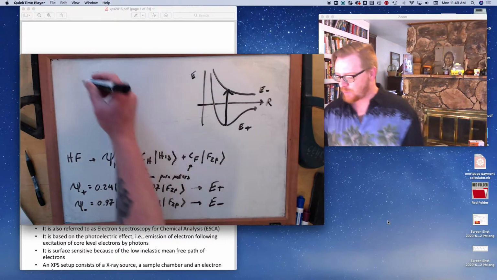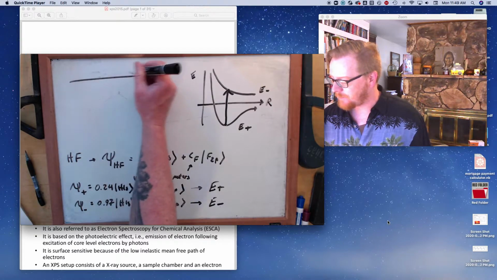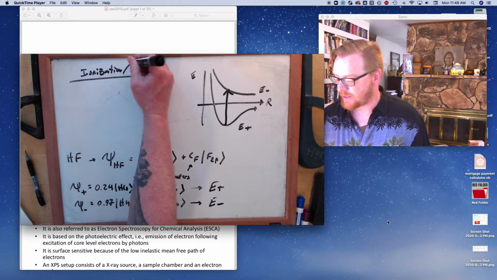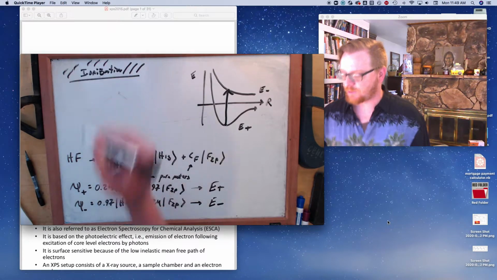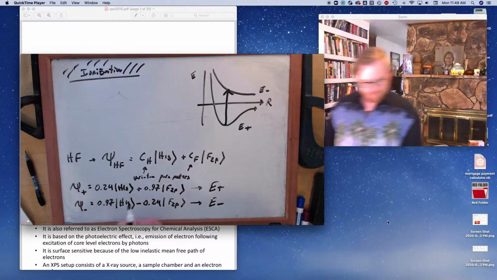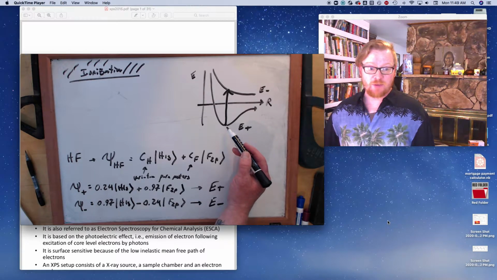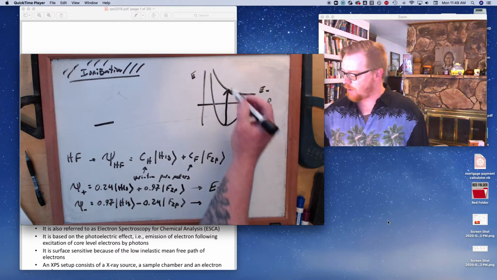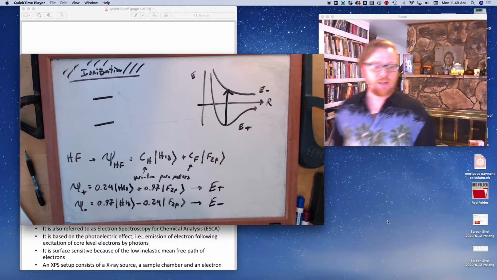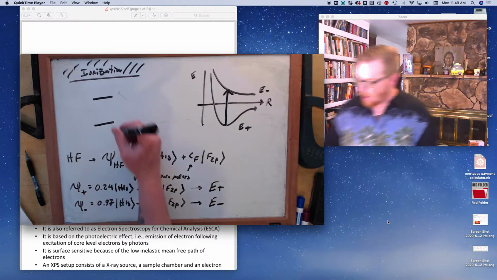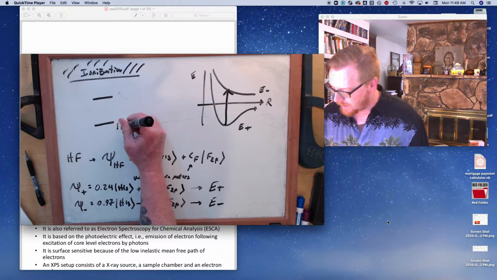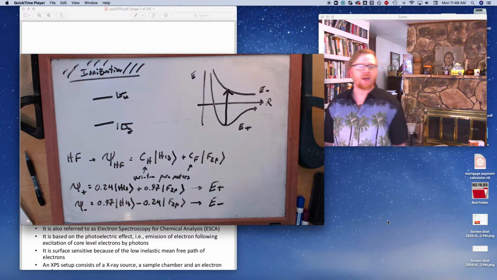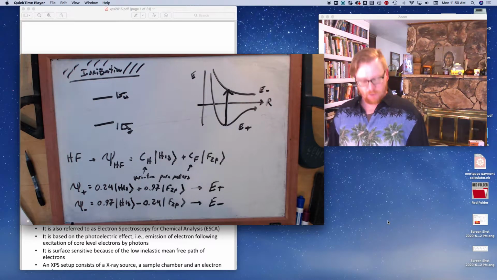If we start at some level that I'll call ionization, a threshold ionization level, the value of E plus is going to be somewhere down here, and E minus is somewhere up here. I'll call those the 1 sigma g and the 1 sigma u. Hopefully we recognize that nomenclature.